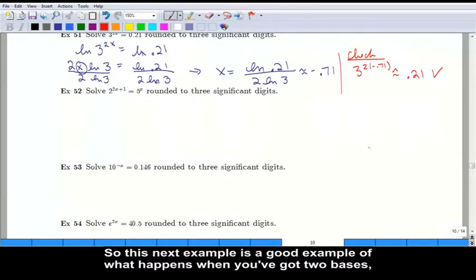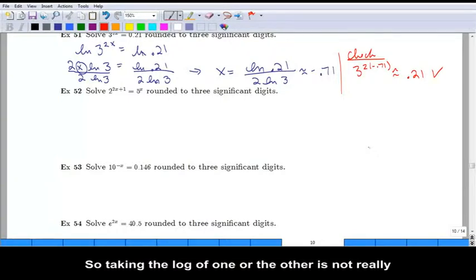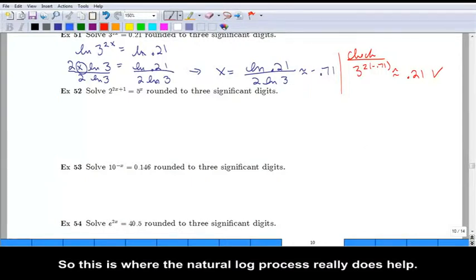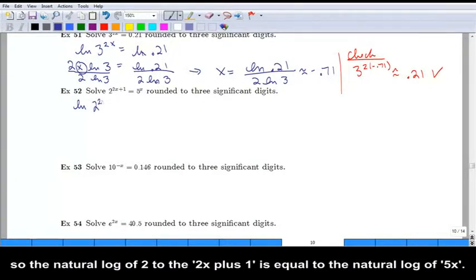So this next example is a good example of what happens when you've got two different bases. So picking the log of one or the other is not really going to help you much with bringing down the exponent from the other term. So this is where the natural log process really does help. So if we take the natural log of both sides, so the natural log of 2 to the 2x plus 1 is equal to the natural log of 5x.